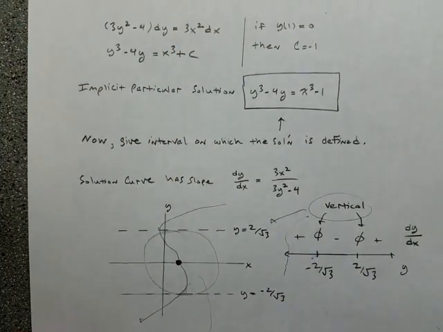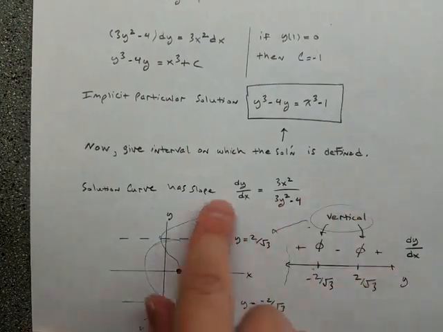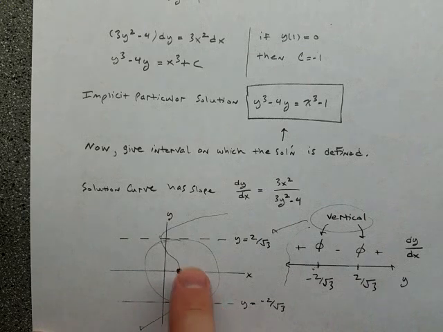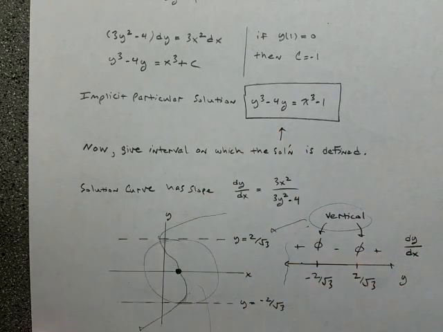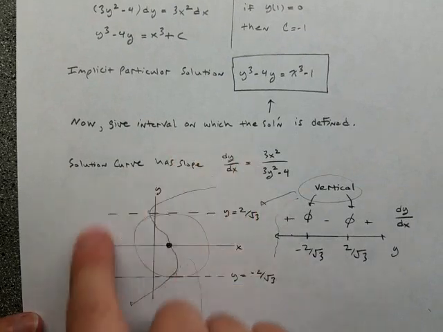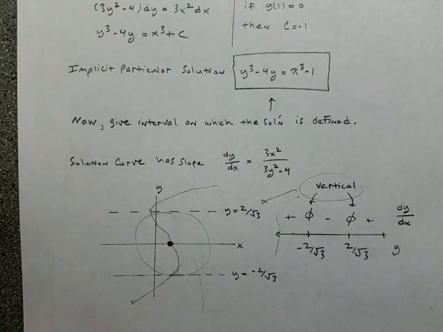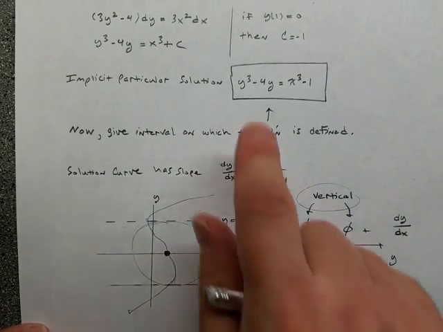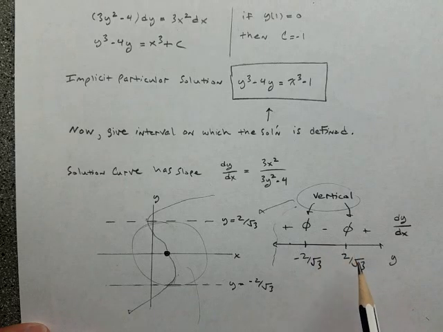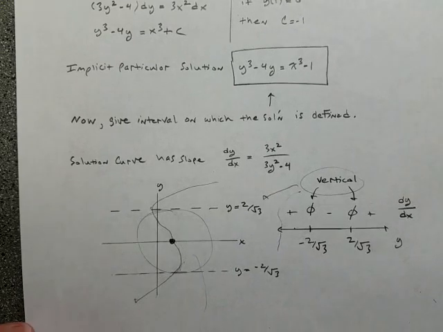Well, so this is our solution curve, right? This is the xy plane where this solution curve exists. That's how its slope varies. Here's the initial condition. Let's start with this one, 2 over root 3. Okay, let's let y be 2 over root 3 and see what that means for x.